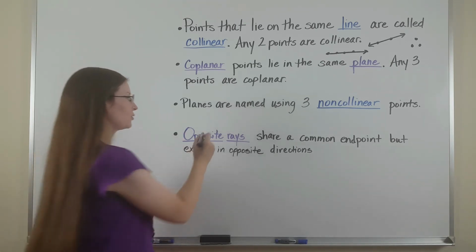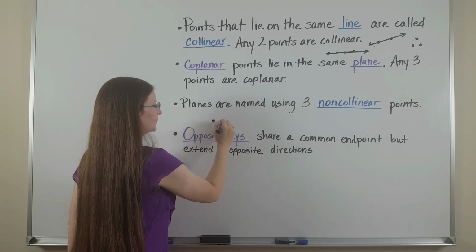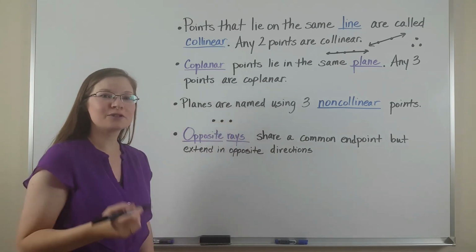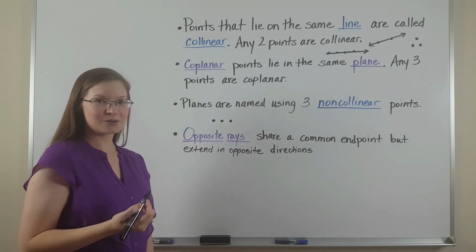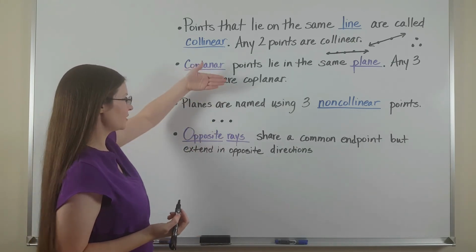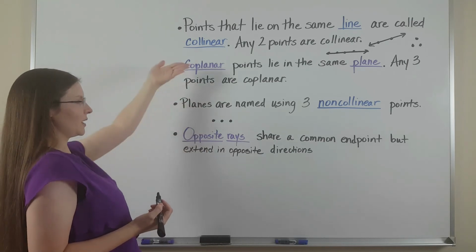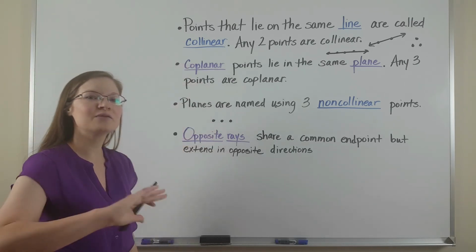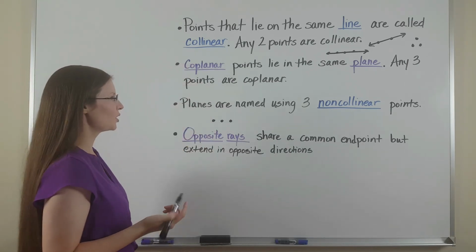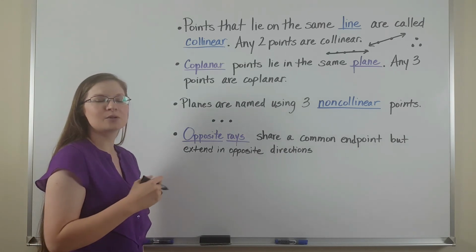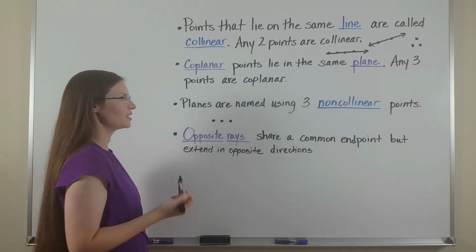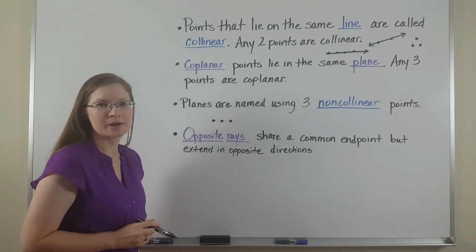But if you have 3 collinear points, there's an infinite number of planes that can pass through those 3 points. You can have a plane going this way, vertically, horizontally, angled this way, angled that way, angled an infinite number of ways. So we want to name planes in the most unique way possible. So that's why we use non-collinear points.